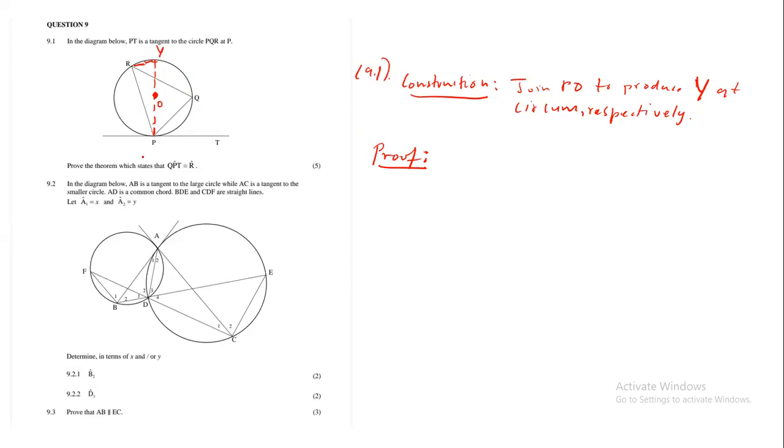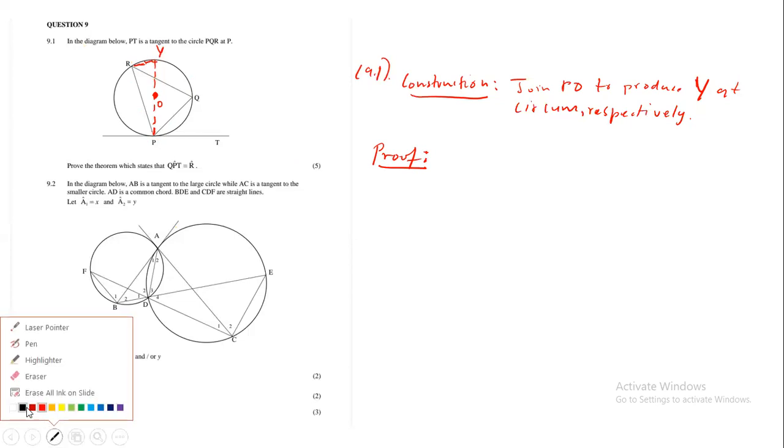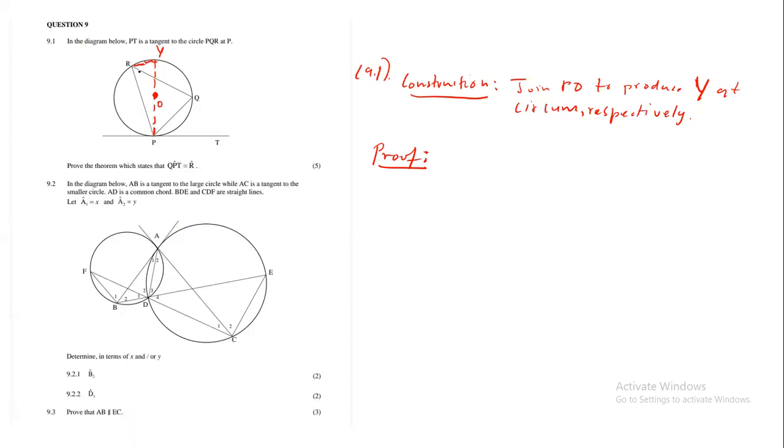After constructing, I can say I managed to produce angles. I'll call this angle R1 and this angle R2. And then here, I'll call this angle P1, and this one angle P2.